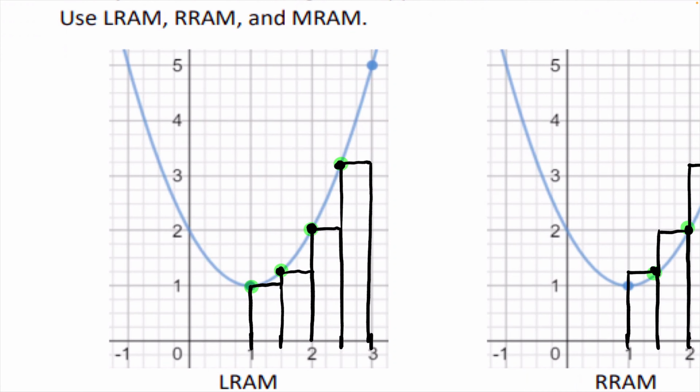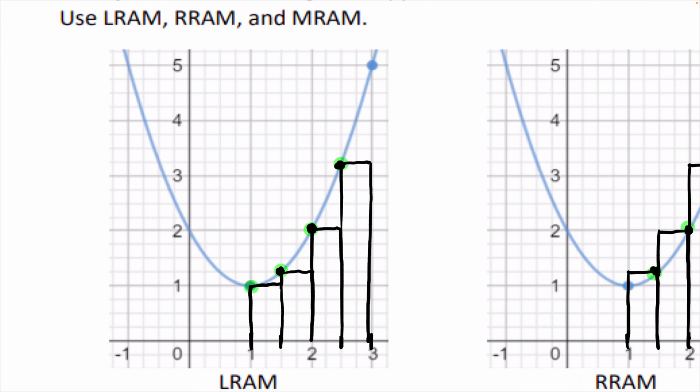Now let's picture that same area, 1 to 3, but I make more rectangles. So instead of half a unit, a quarter unit. A quarter unit. Would that do a better job or a worse job of covering that area? Better. Better, right? So now instead of a quarter, let's make it half of that. Right? An eighth.